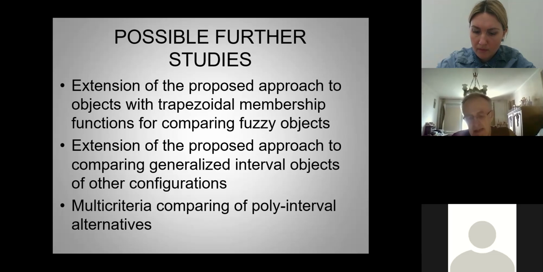Besides, we would like to invent some methods which will be universal, because in practice we may face different situations. Compared alternatives may be with mono-interval quality indicators, poly-interval, and point deterministic. And we should compare the results received, and besides, these results should be obtained by the same method. And this used method is to some extent universal.